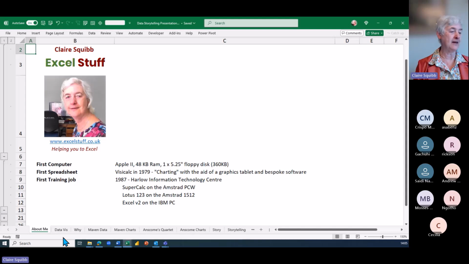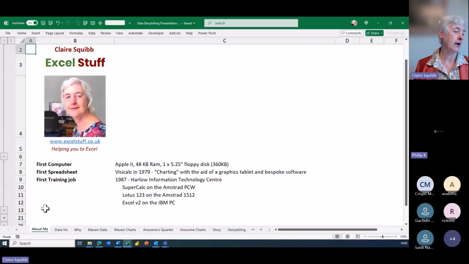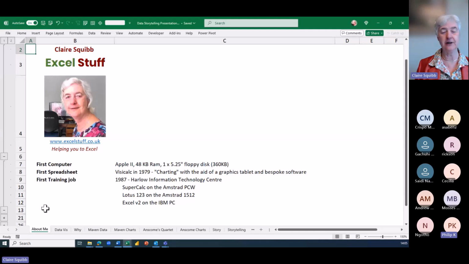So I was working for a medical company, and even back then, although VisiCalc didn't have a charting capability, we had a special program that enabled me to do charts using a graphics tablet. So I would do measurements, measuring the top and bottom of a dose twitch, the top and bottom of a little graph with a pointer on my graphics tablet, and it would turn it into a chart.